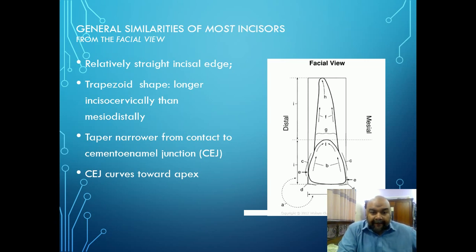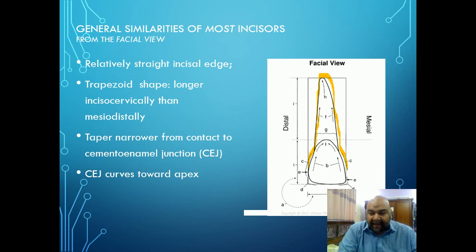Another important thing is that these teeth usually taper from the contact point. For instance, if this is the contact point, you can see it is narrowing till it reaches the apex of the tooth, and this narrowing is known as the taper.